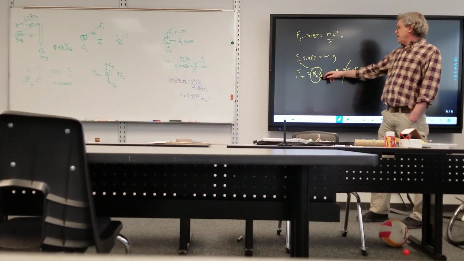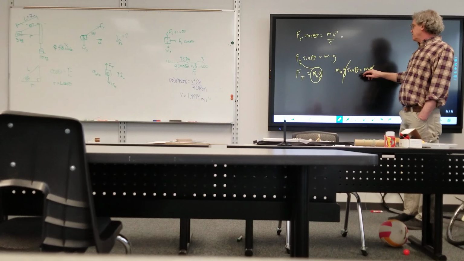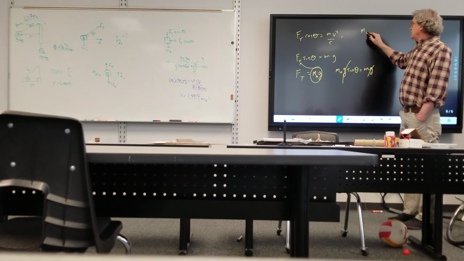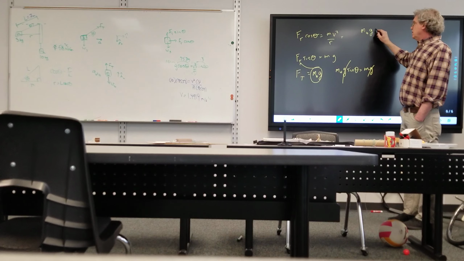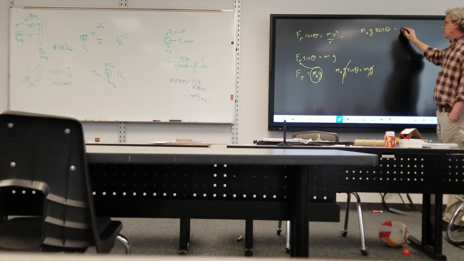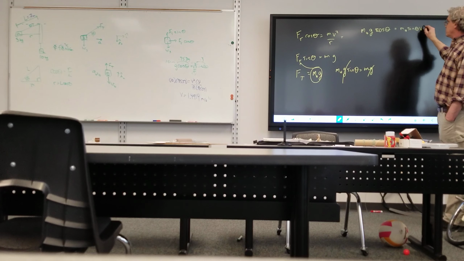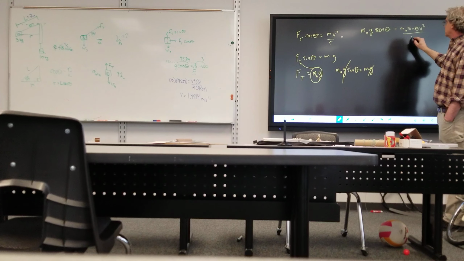So plugging that in for tension here and plugging this in for m, we have m10 g cosine theta equals m10 sine theta v squared over r.